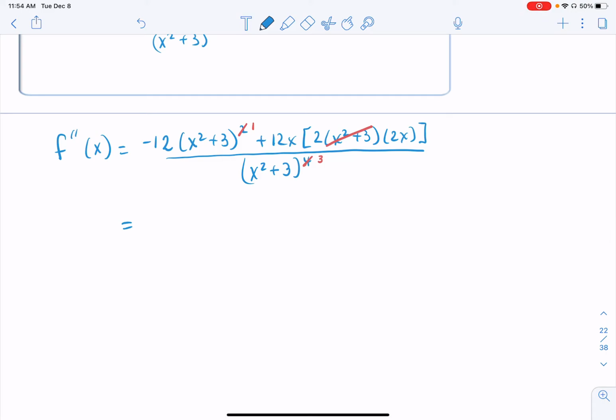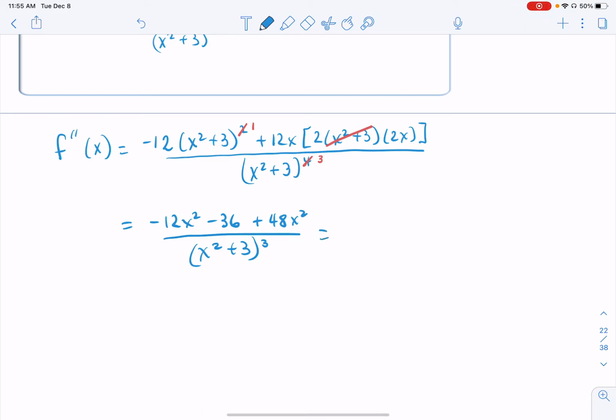Distribute the negative 12 through that first set of parentheses, a negative 12x squared minus 36. And then when I multiply all of this, I've got a 12x, a 2, and a 2x, so that's 48x squared, a positive 48x squared. Okay, and then still over this denominator, x squared plus 3 cubed.